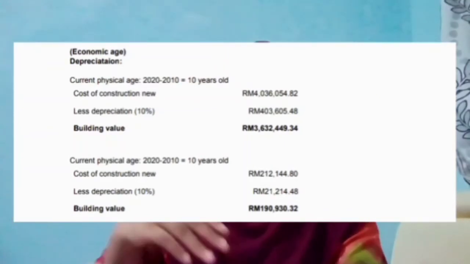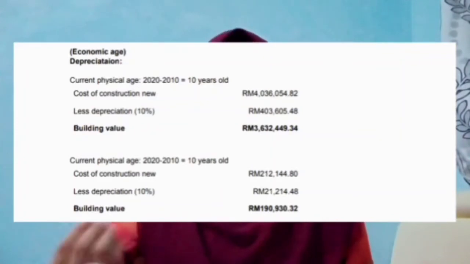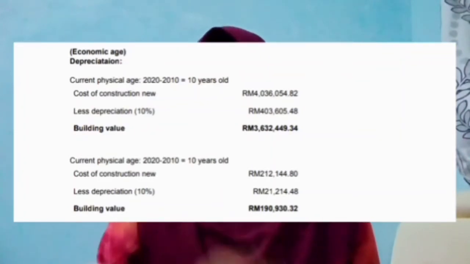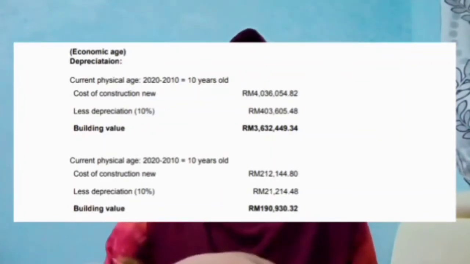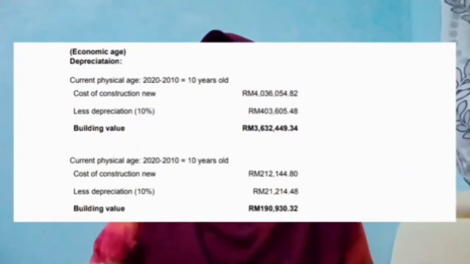For the 2-story holiday hut, the formula is the current physical age, which is 10 years, divided by 30 and times 100%, which is the formula for the semi-permanent building.